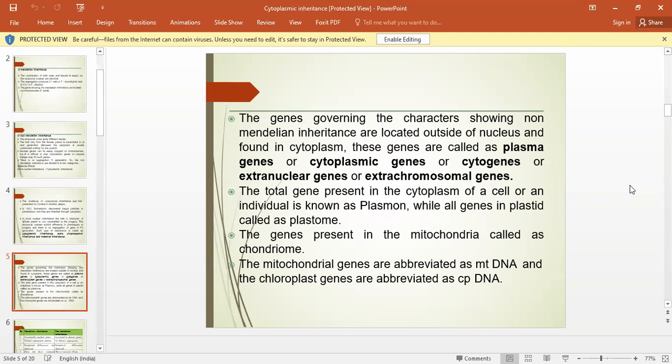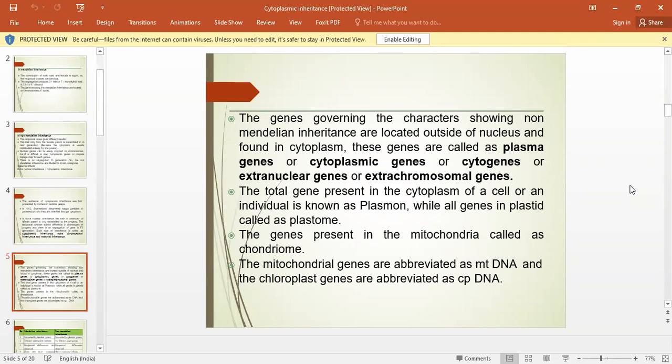That DNA is called plasma genes or cytoplasmic genes, meaning genes present in the cytoplasm, not in the nucleus. Nuclear genes are the genes present in the nucleus. So genes present outside the nucleus are known as cytoplasmic genes, plasma genes, cytogenes, extranuclear genes or extrachromosomal genes. There are many names.